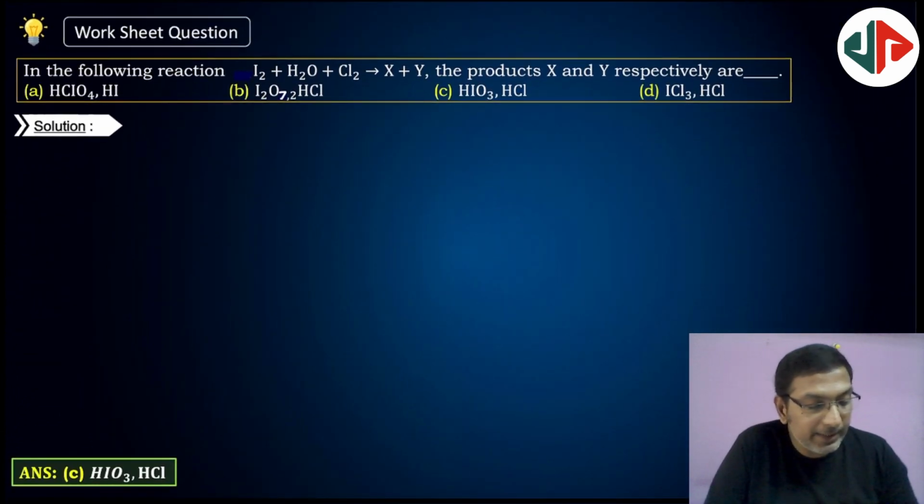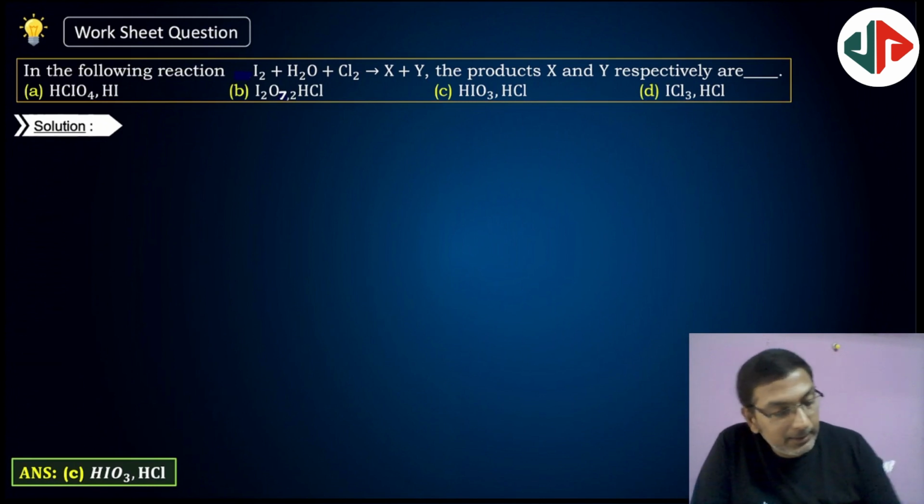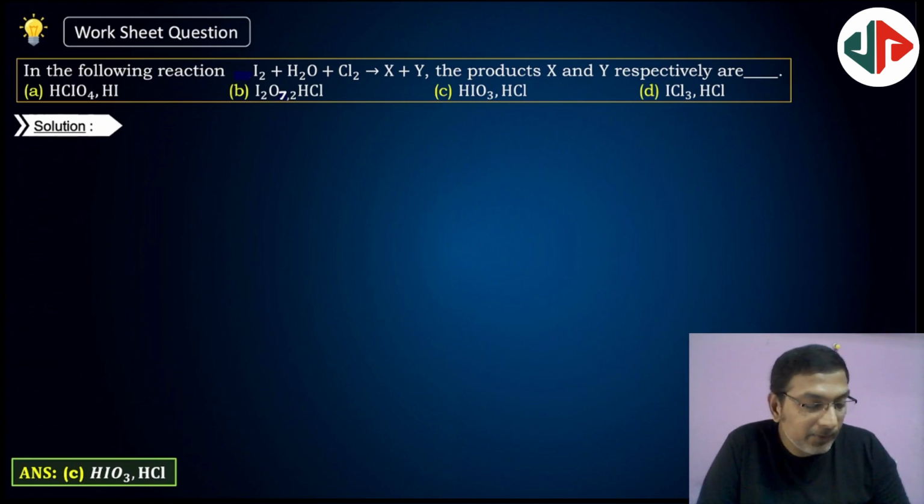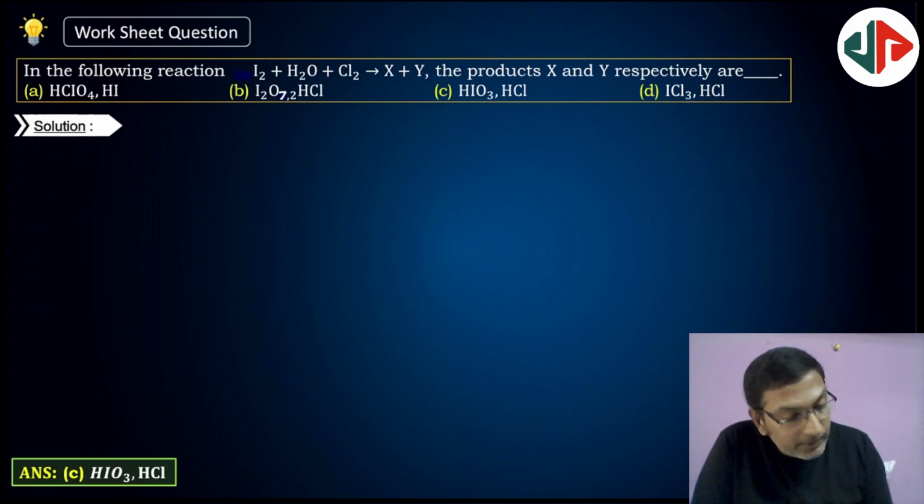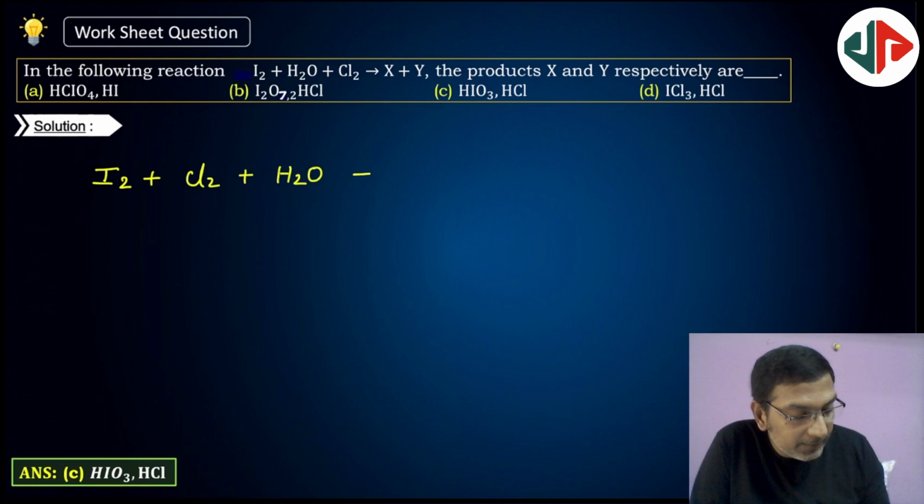So in the following reaction, the products X and Y respectively are, reaction between I2 and Cl2 in the presence of, that means in aqueous solution simply. So I2 plus Cl2 plus H2O, it will give HIO3 plus HCl.